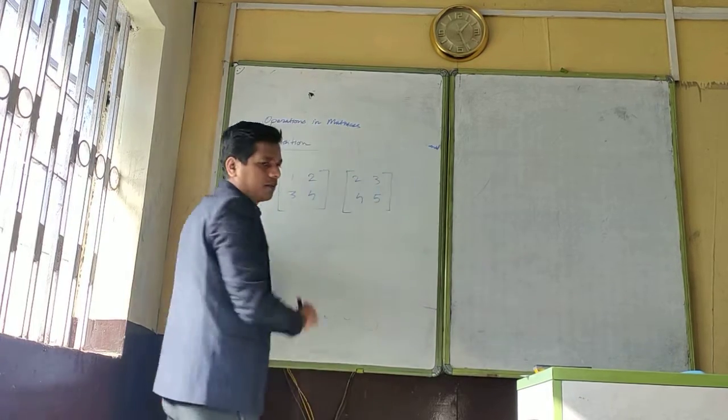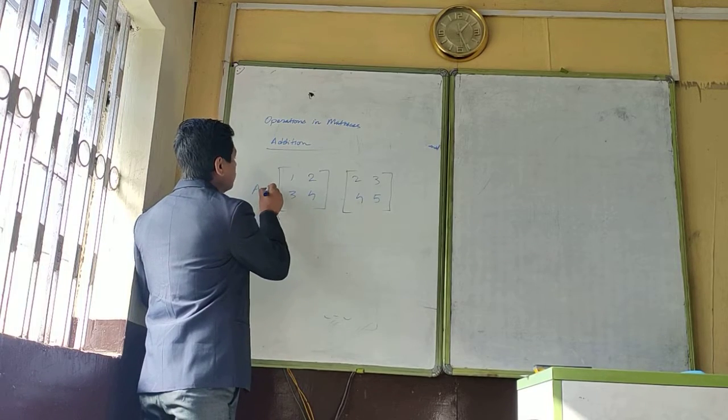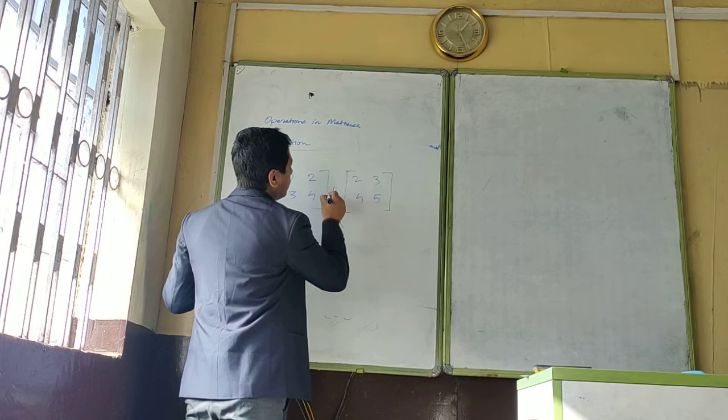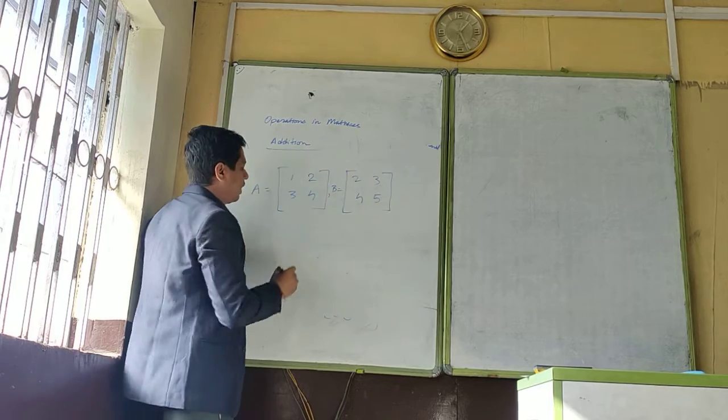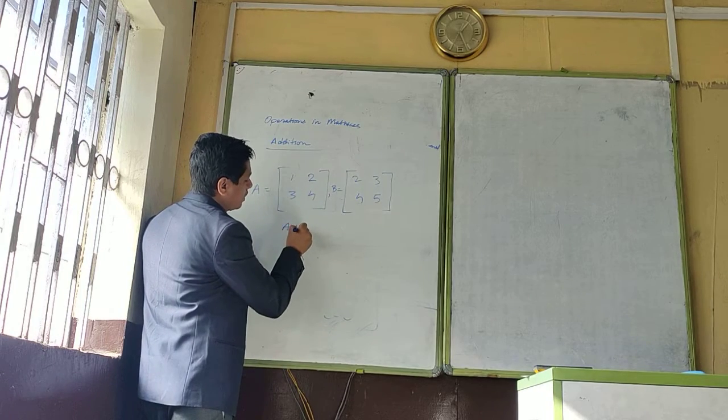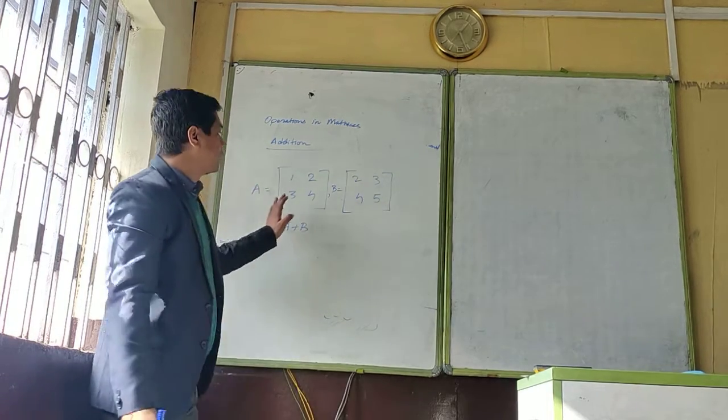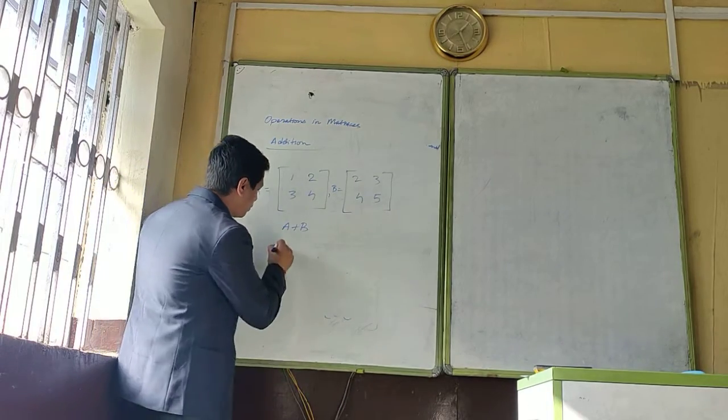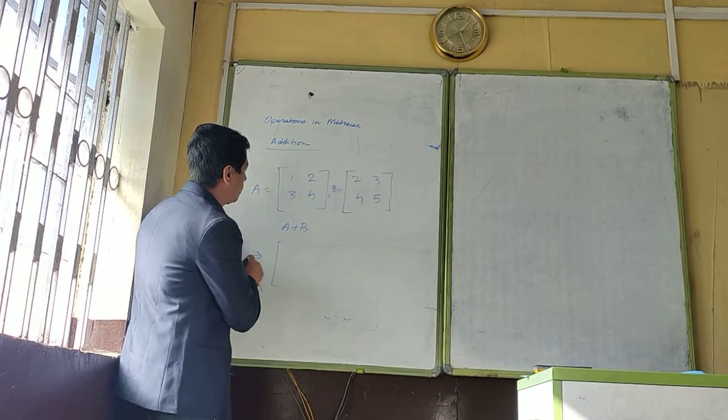So if I have a matrix A equal to this and B equal to this, and the question asks us to find the sum of these two matrices, how are we going to do it? It's very simple.